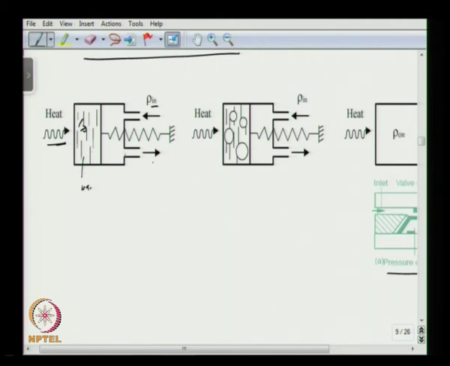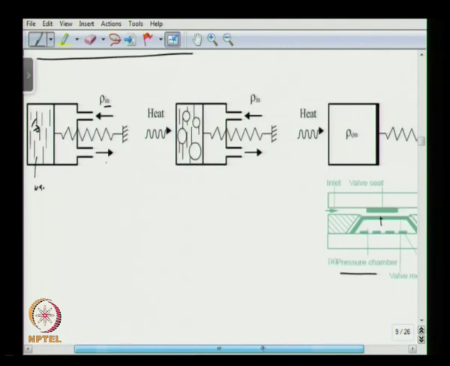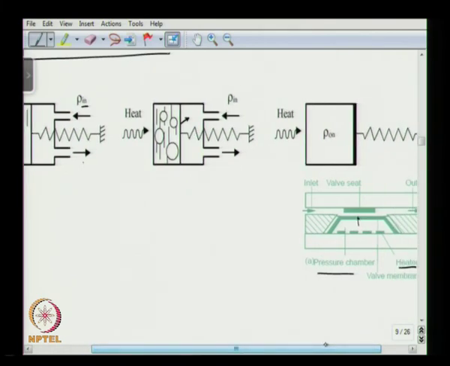Now, if the temperature is enough, the nucleation of the bubble will start to occur, and as the heat is continuously supplied, these bubbles will grow. So, this membrane is trying to expand. And at some point the gas will be completely filled inside the chamber and the membrane will seal the inlet as well as the outlet. So, that is when the valve is completely closed.